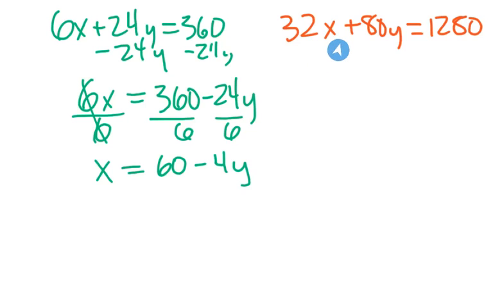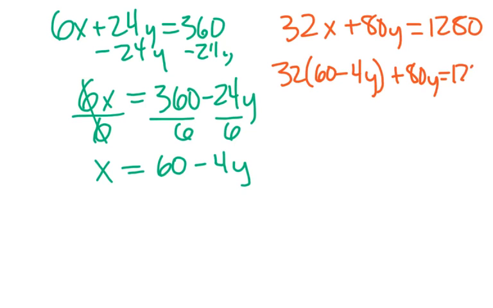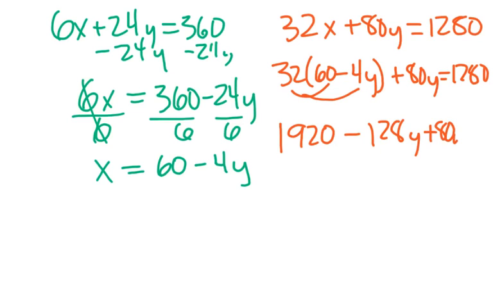Okay, well, this has an x up here, and this x is equal to this. So what if I took 32 and got rid of the x and replaced it with this? Okay, then by doing that, I would end up distributing, so I'd get 1920 minus 128y plus 80y equals 1280.